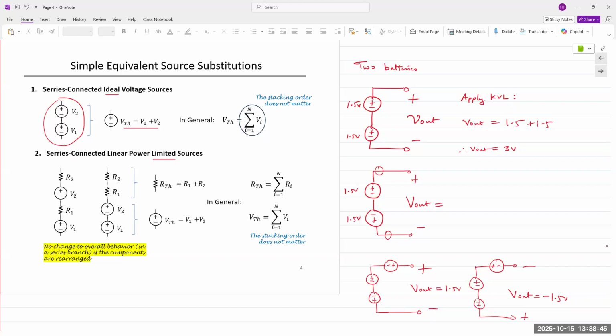And so the total Thevenin resistance would simply be the 2 resistances added together. That's all. So if you have 2 batteries in series, and each battery has 300 milliohms or 0.3 ohms of resistance, you'd simply add them up, 0.6 ohms.